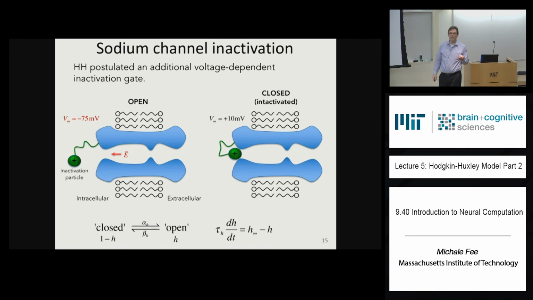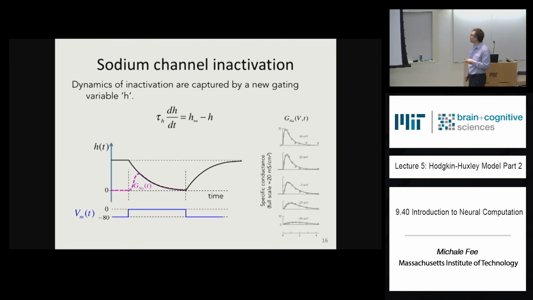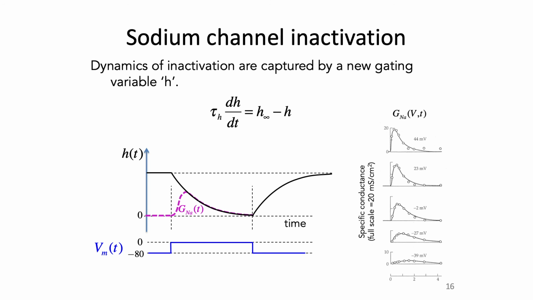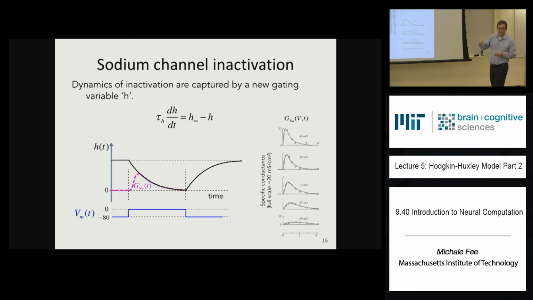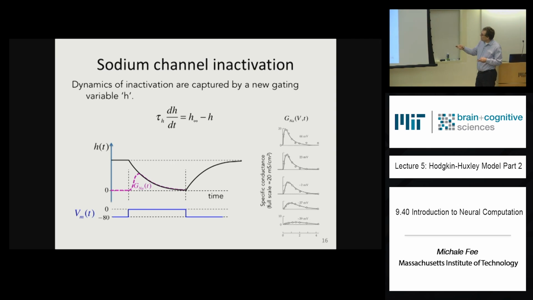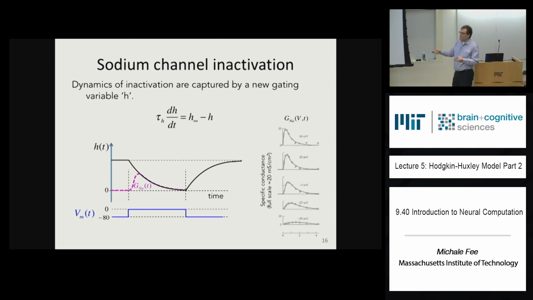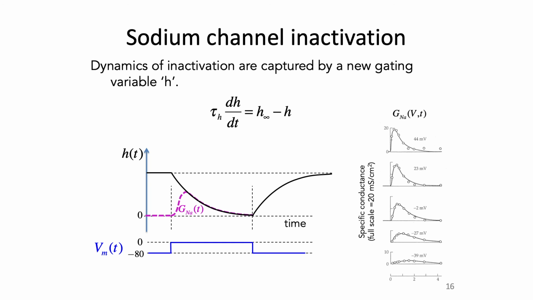Right. How would we actually measure that? Let me show you an experiment for how you'd measure that. So first let me just show you this. When you hyperpolarize the cell, h starts out high because h infinity is high. And then when you depolarize the cell, h infinity gets small, and h just relaxes exponentially toward the new smaller h infinity.